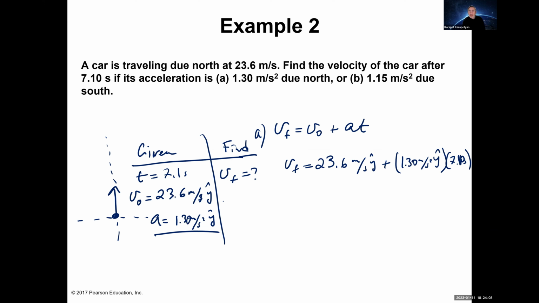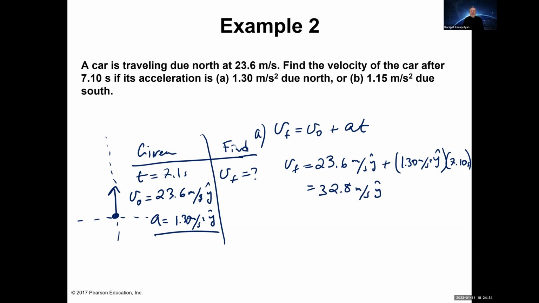I need to be true to the sig figs too. So we calculate 23.6 plus 1.3 times 7.1, and I get 32.8 meters per second, y hat direction.